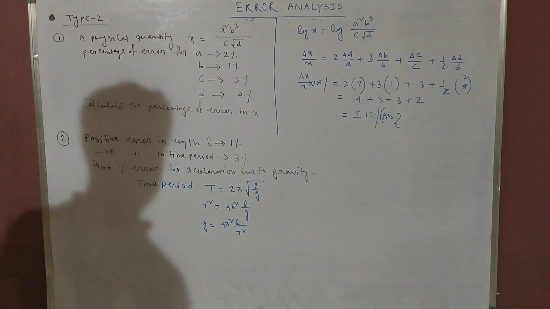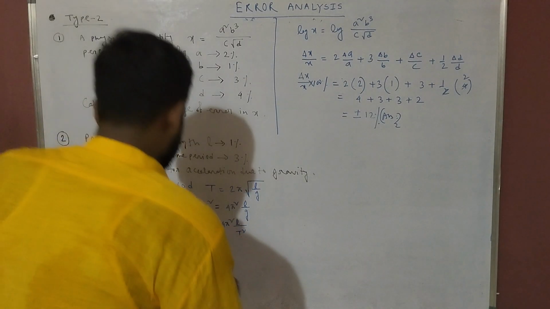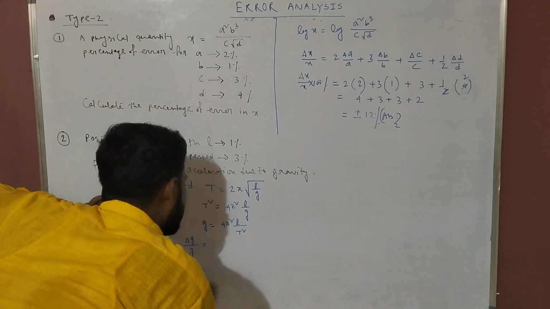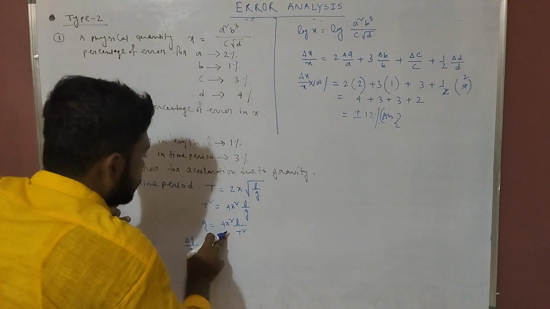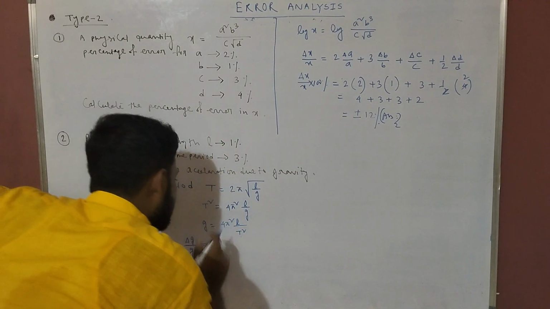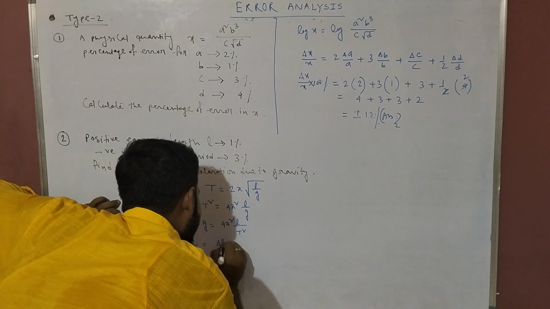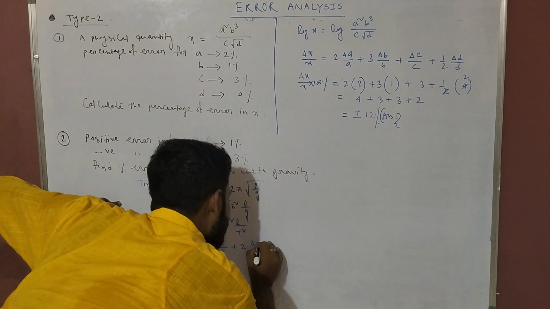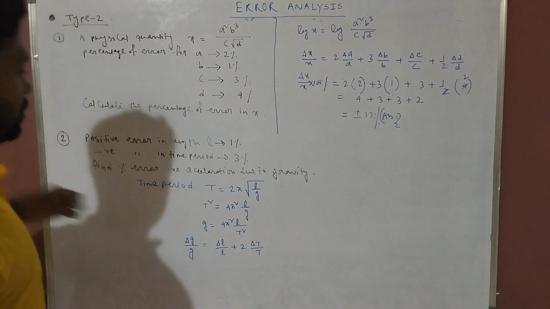Understood or not? So del G by G is equal to, this is constant, so I can remove this, del L by L plus 2 del T by T. Understood?